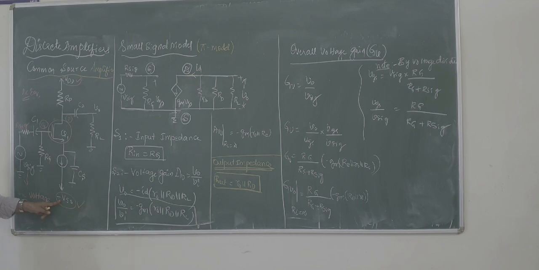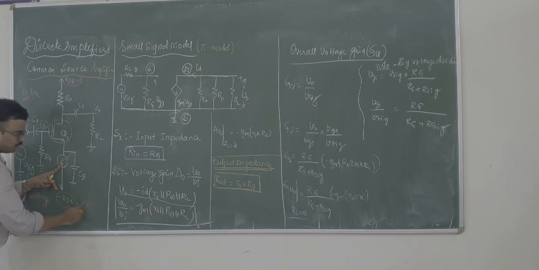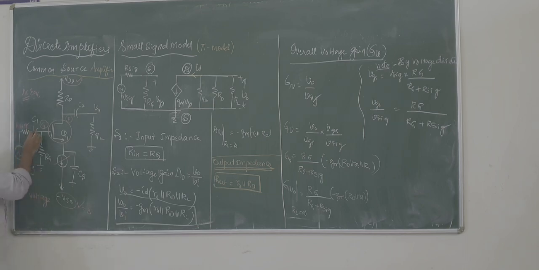We are checking the response of the circuit for an AC signal, therefore DC should be made 0. First point, make VSS and VDD, the DC sources, 0. Second point, if there is any current source, remove it, open circuit the current source. Third point, short circuit all capacitors which are present.